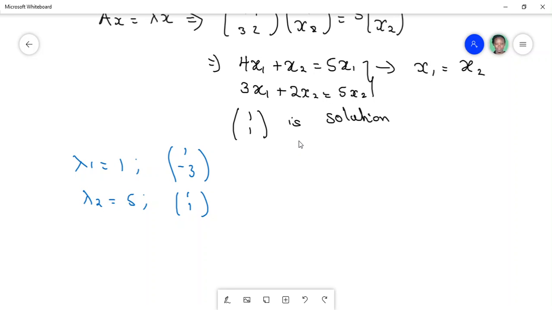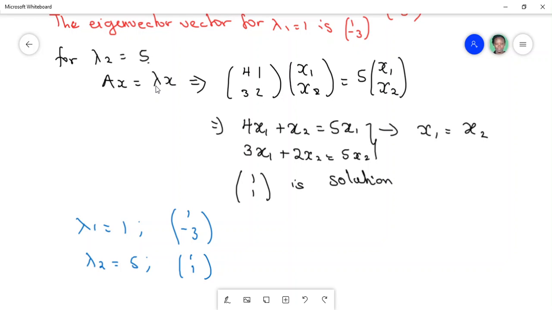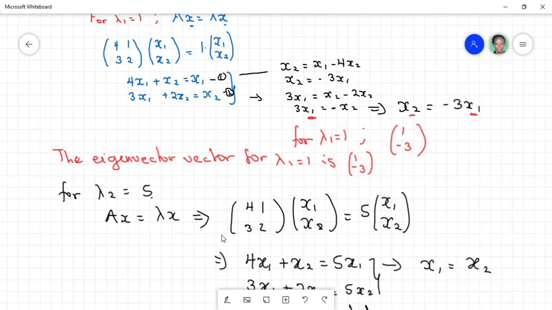You could write this and equate it to 0. Then you can find your eigenvectors x that we initially had.